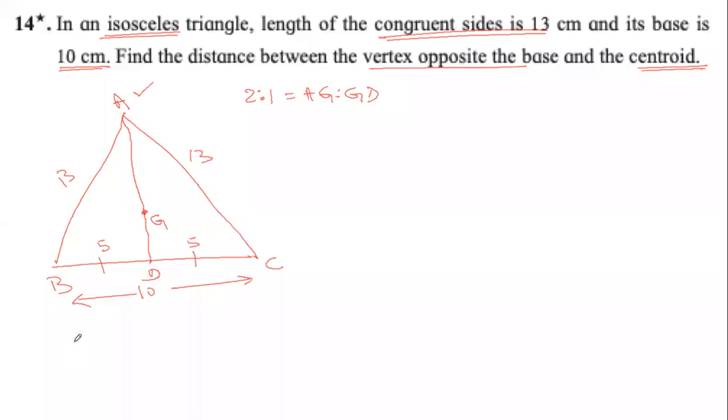So if we can find the length of AD, then we can find the length of AG. Very, very simple. We can say AG equals 2x, GD equals x, so total becomes 3x. So AG is 2 by 3 of AD.